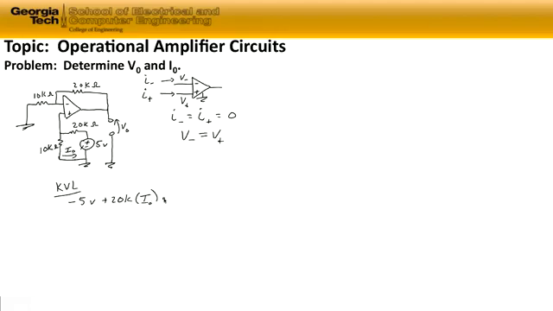The voltage across the 10K is 10K times Iout. Then we return back to the starting point. Through Kirchhoff's voltage law, the sum of those voltages is equal to 0. If we solve for Iout, we end up with an Iout equal to 1/6 milliamps.